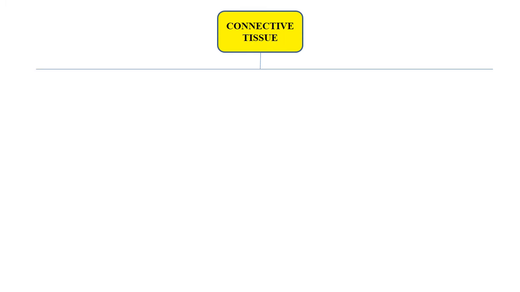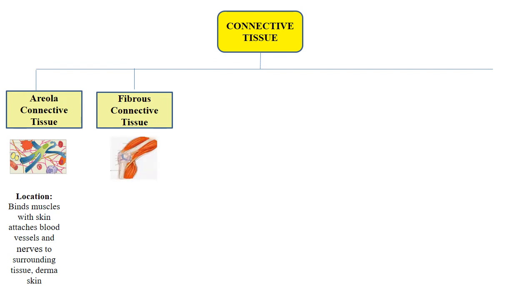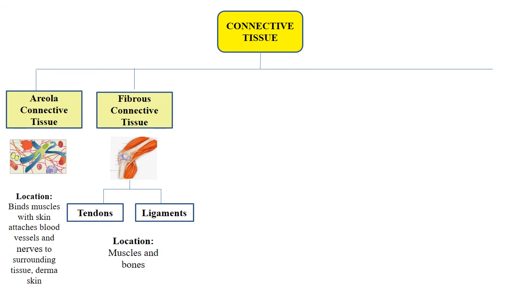Let's see the divisions in connective tissue. Areolar connective tissue. Location: binds muscles with skin, attaches blood vessels and nerves to surrounding tissue, and dermal skin. Fibrous connective tissue, which is further divided into tendons and ligaments. Location: muscles and bones.